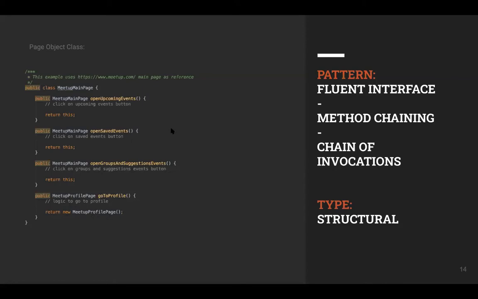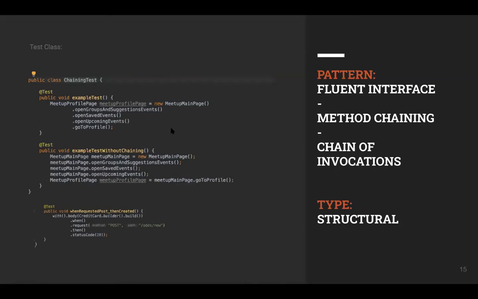The chain of invocation of these methods looks like this: you create a new instance of the meetup main page, then you call all the methods which return the same object, and then you go to profile. To break the chain, you should assign the value returned by this method to a variable and then reuse it in different places of your code.